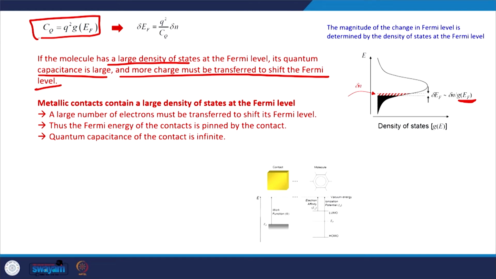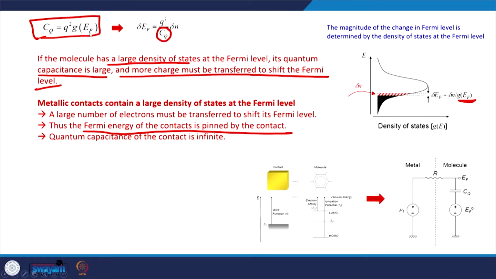So that's why the Fermi energy of the contacts is pinned. Pinned means that by changing the number of electrons on the system, it does not change, because CQ is extremely high, since the density of states is extremely high in metals. That's why delta EF for metals is 0, which is known as the pinning of the Fermi levels in the contacts.